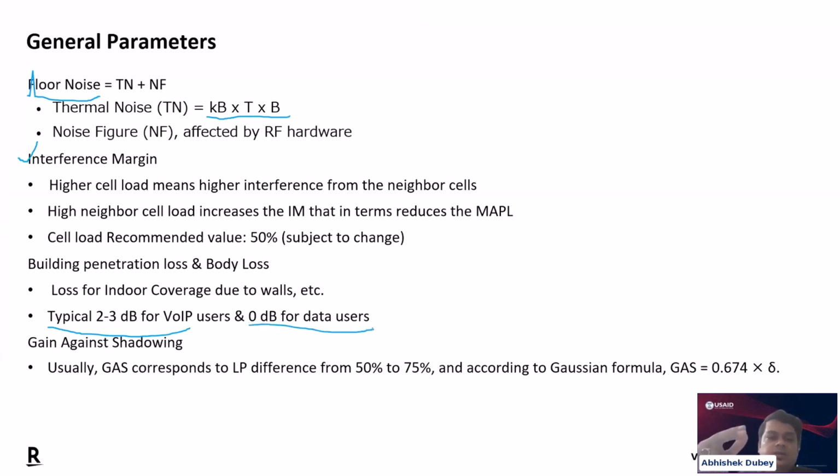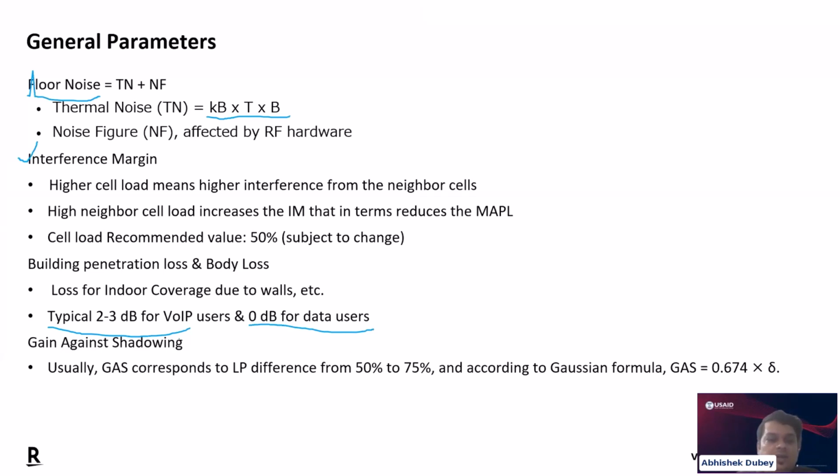The reason is VoIP means voice call. You need to keep your phone like this, and the transmitter is close to your head. So there is some loss due to the obstruction from your hand. But if you're using data, your mobile is in front, so there is no loss in the radio propagation. So that's why we observe 0 dB loss for the data user.